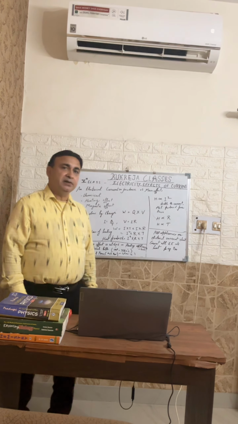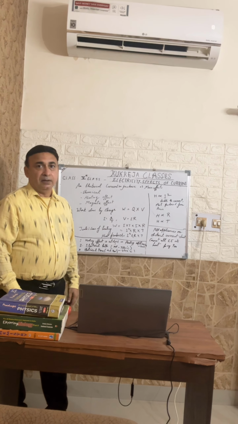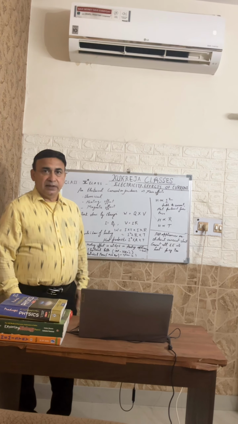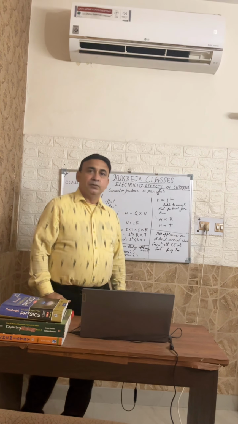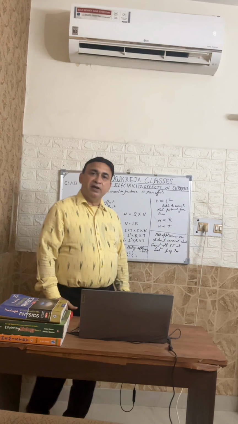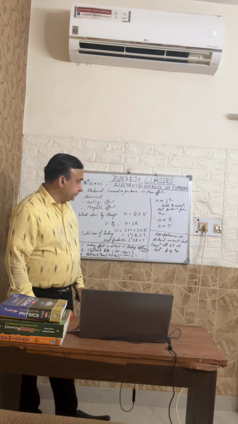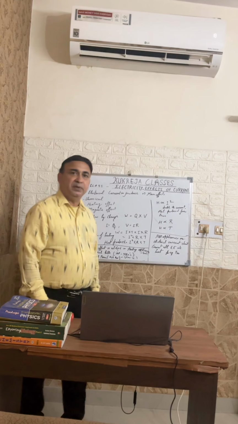The other application of the heating effect is in electrical bulbs or lamps, where a tungsten high resistive coil is used. When it becomes white hot, it emits light. Why do we use tungsten filament in a bulb?